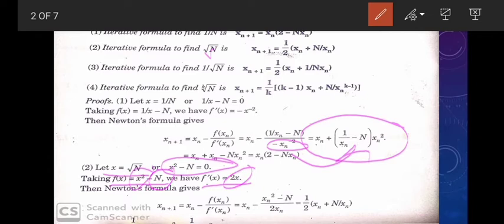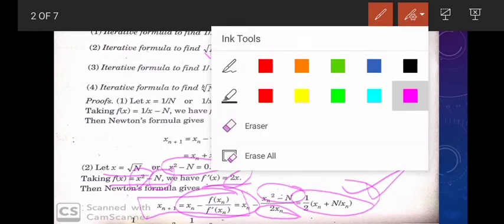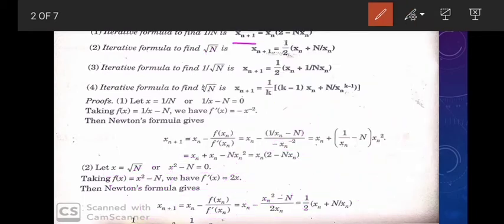So we will use the Newton-Raphson formula. In this formula, if we substitute the values of f(xn) and f dash xn, we will get this formula. So like this we can prove it for 1 by N and root N.